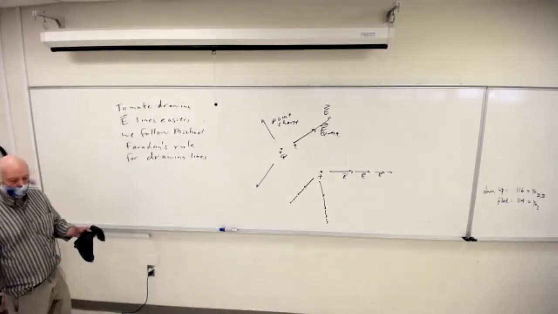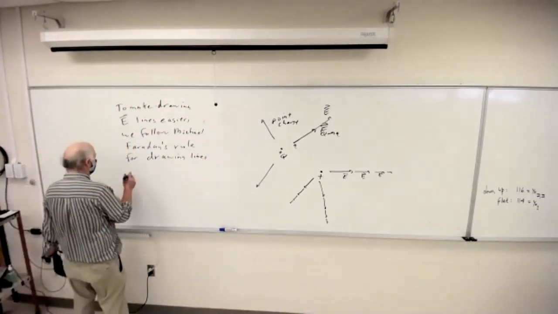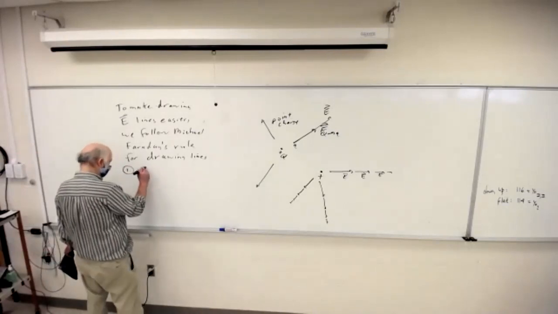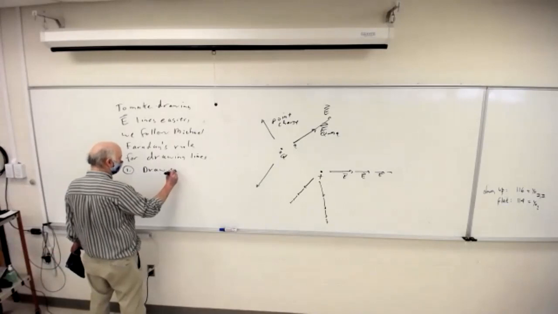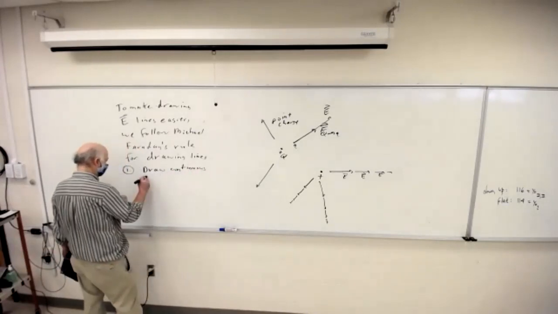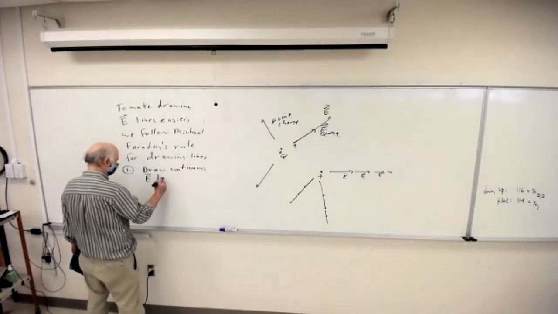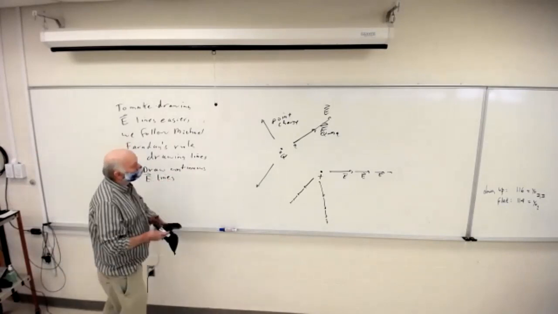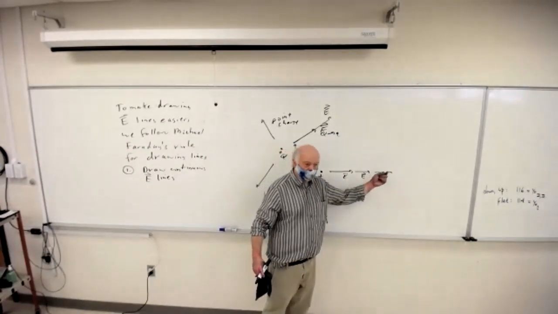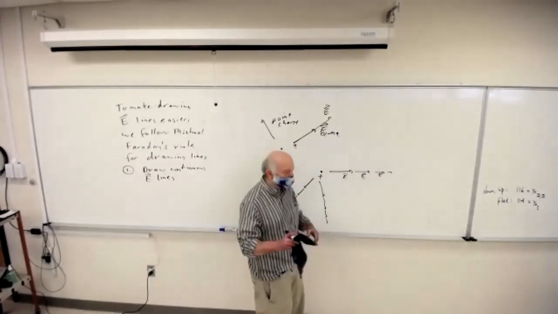Okay, so this is what we're going to do. So to begin with, draw continuous E lines. So now here where I draw a line, I have a break, draw a line, break, line, break. You don't do that at all.